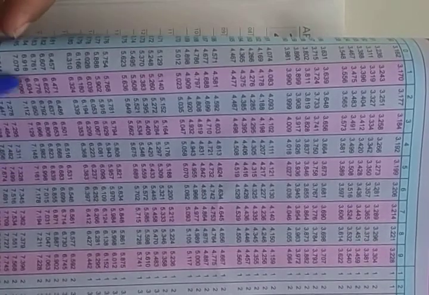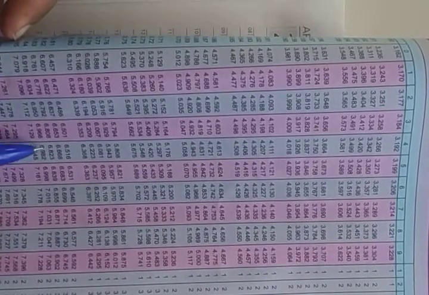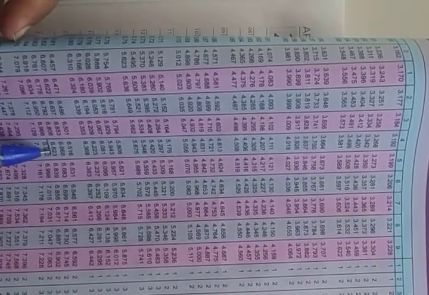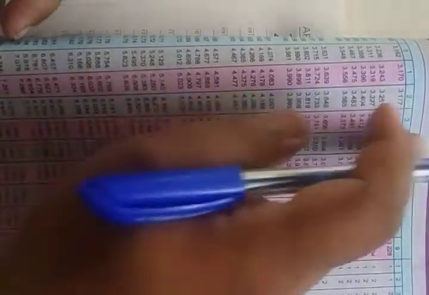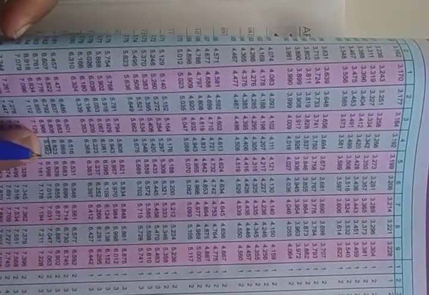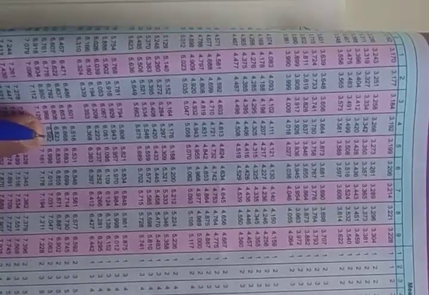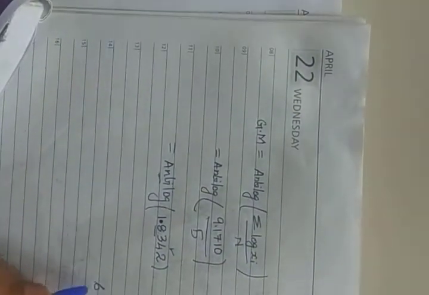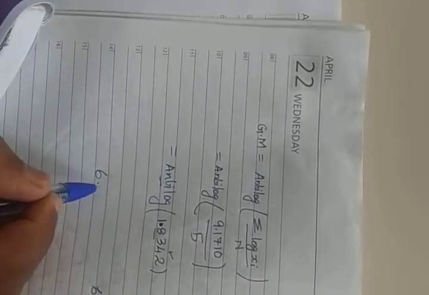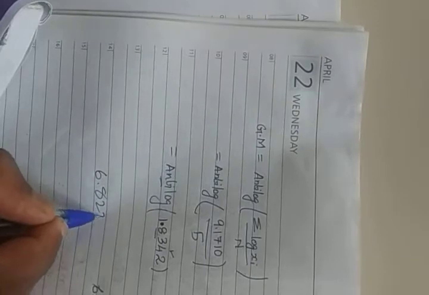Here 83, here also 83. This is the value it's coming: 83 and 4 is there. What's the value? 6.823. I have written 6.823 roughly here.